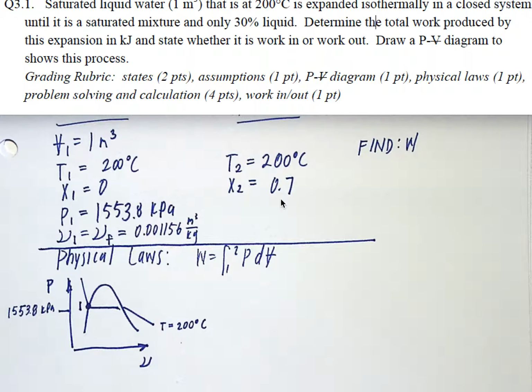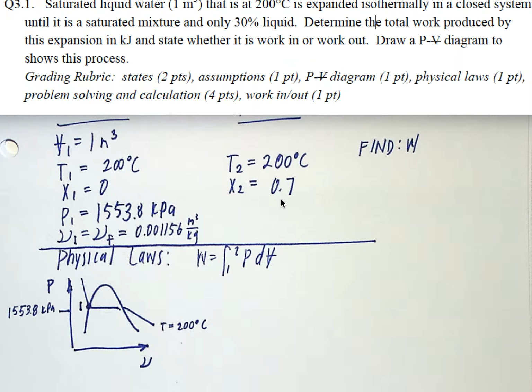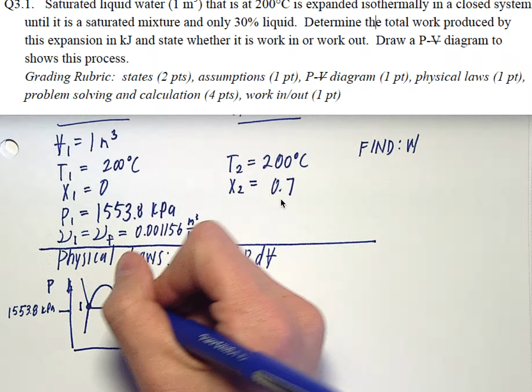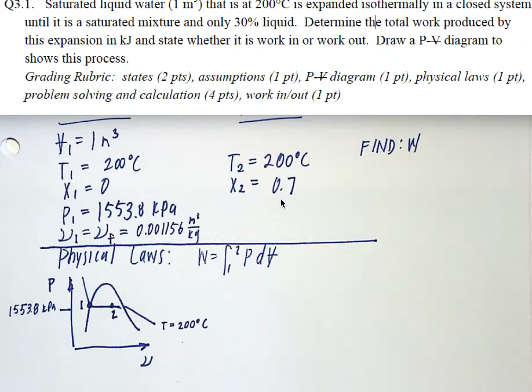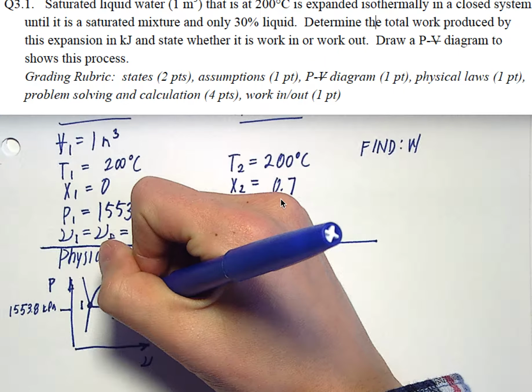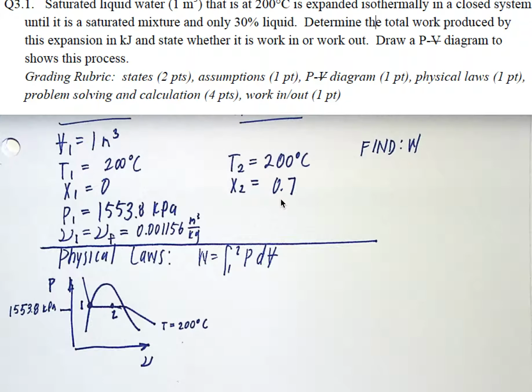So that's right there. And we know that it stays on the same temperature line and switches to a different quality. So state 2 is going to be somewhere here in the middle, closer to the vapor line. What's interesting when you draw it out is that you can see that it's still on the constant pressure horizontal line.